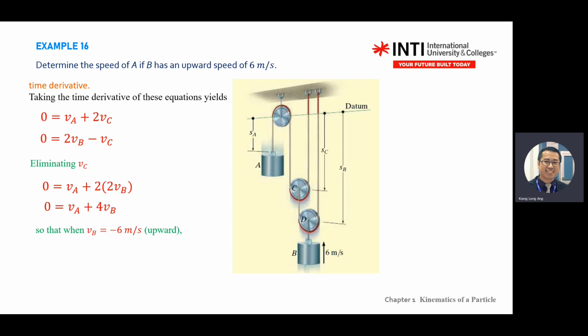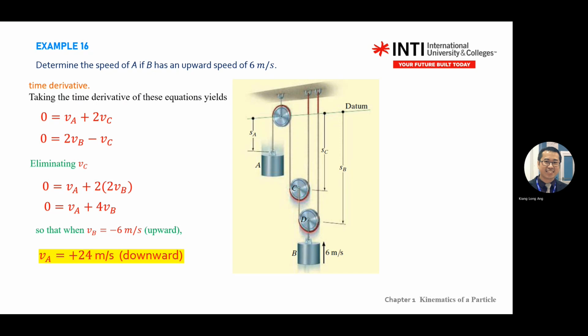You know how to do it, but you forget the direction of it. You get VA is positive 24 meters per second. What does it mean? You get positive, you refer to the datum, and the datum goes down positive. So object A will move up with a speed of 24 meters per second. Again, what you see here, velocity, position, acceleration, they are all vectors now. All vectors. A vector has magnitude and direction.